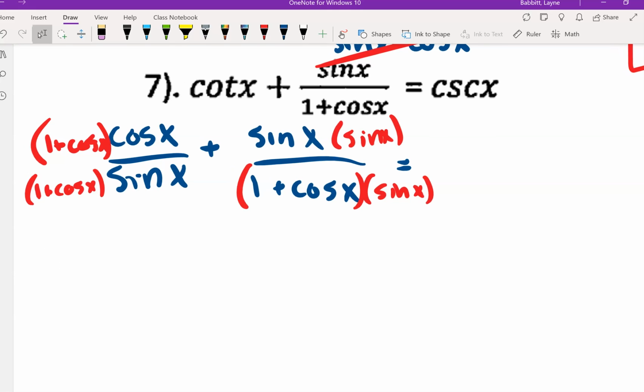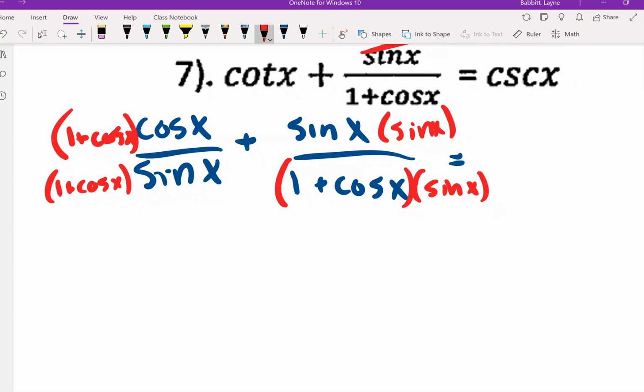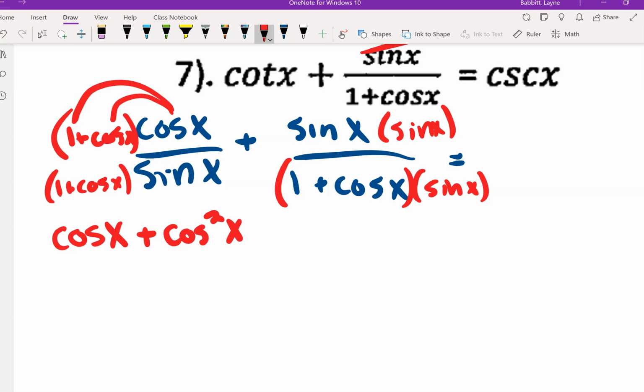All right, so let's simplify. On top, I'm going to distribute cosine to both of these, so it's going to be cosine x plus cosine times cosine, which is cosine squared x. And then on the other one, I'll end up with sine x times sine x is sine squared x.